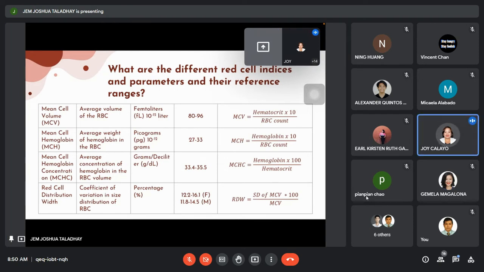Any comment from the audience? You see, the blood indices form part of the screening test, not just for IDA but in many other disorders.